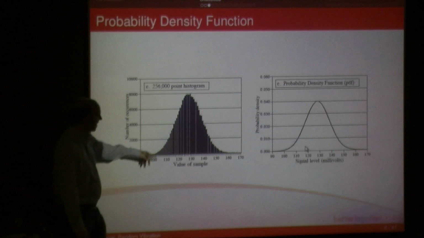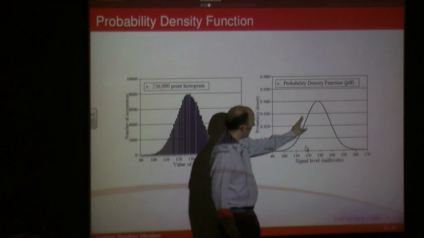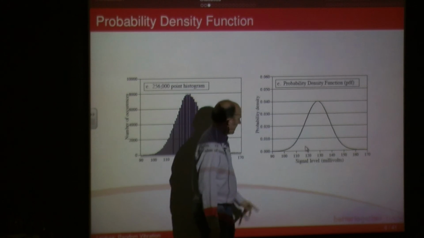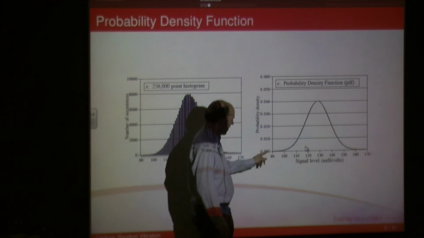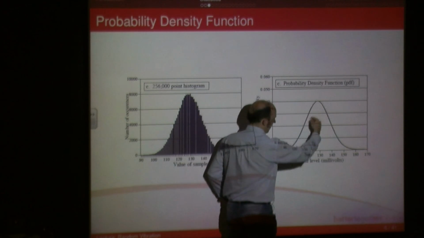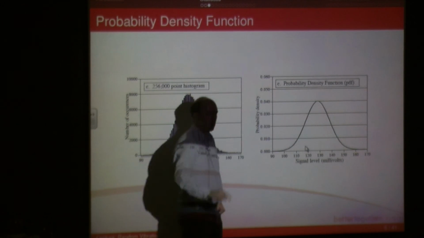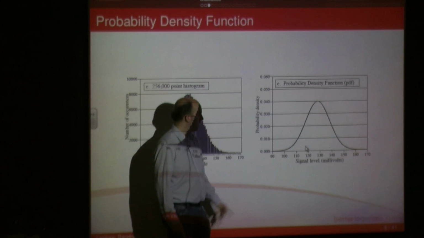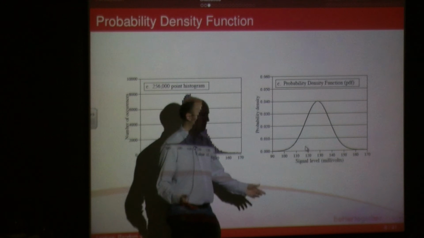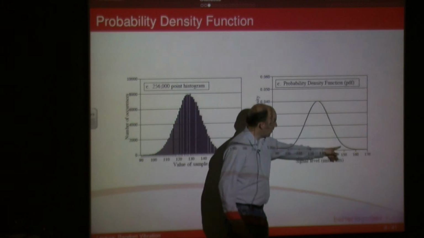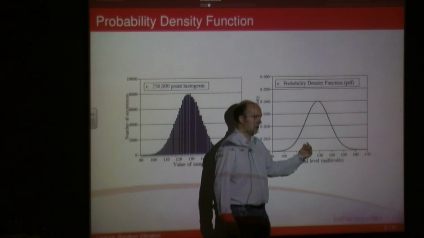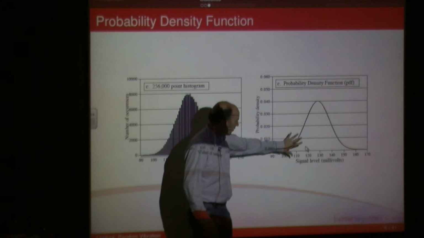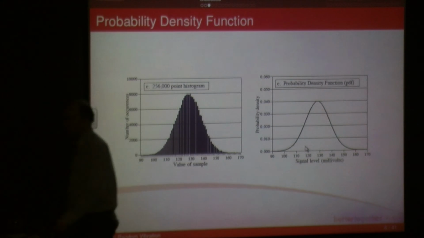Now the PDF of that looks something like this, and that's my distribution. The area underneath this curve is equal to 1, because the chance of me having a part that's within this distribution is 100%. Anything that I make will be underneath that curve. So the area underneath that curve equals 1.